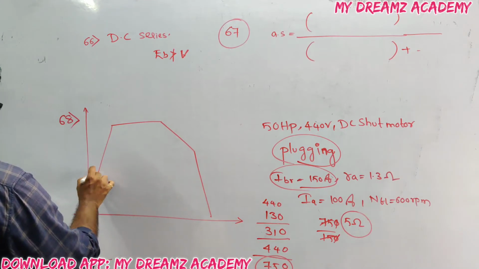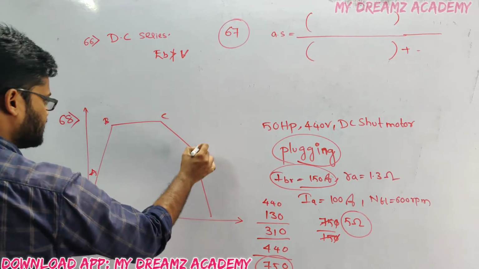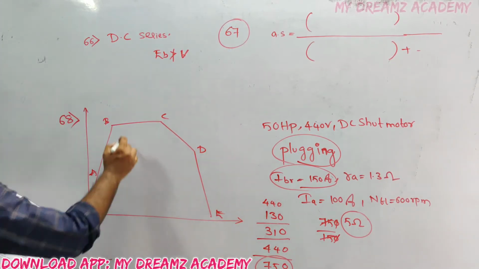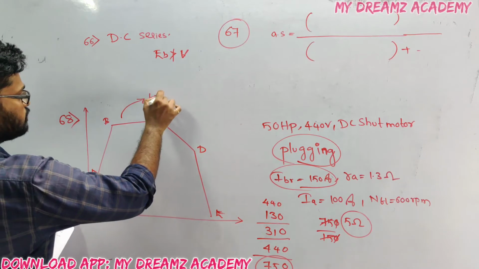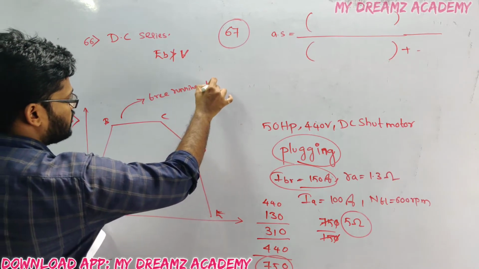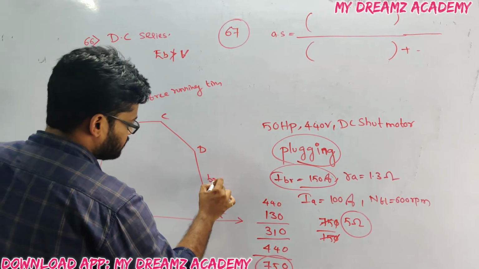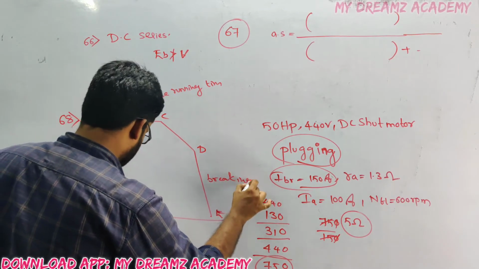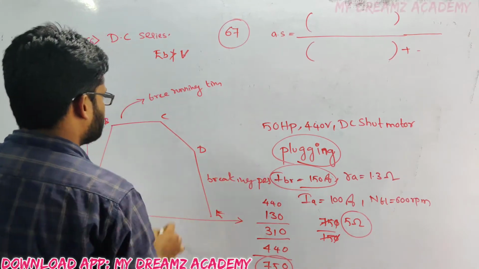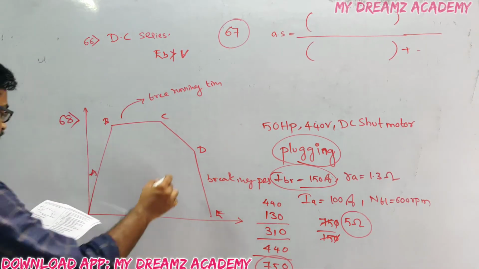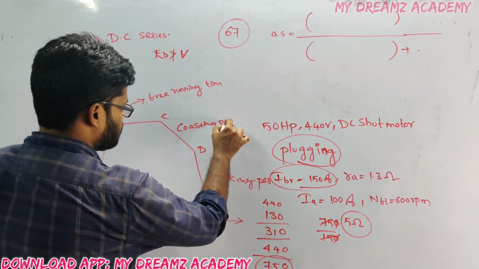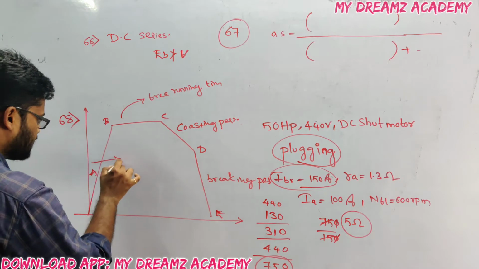Let's say this is A, B, C, D and E. This is called free running time, and this is braking. This is called braking period. Free running period, braking period, and this one is coasting period, and this one is acceleration period.